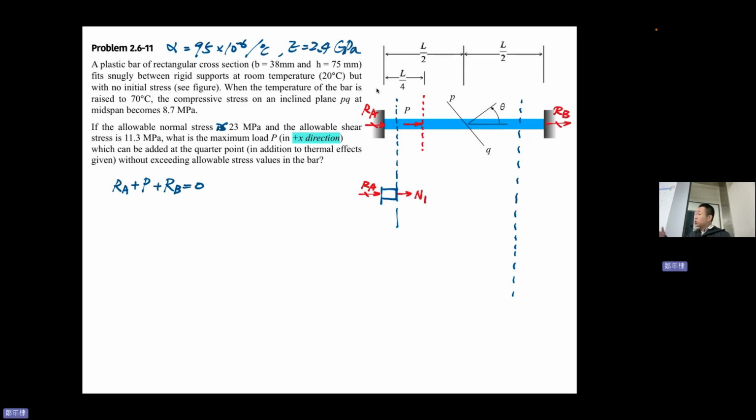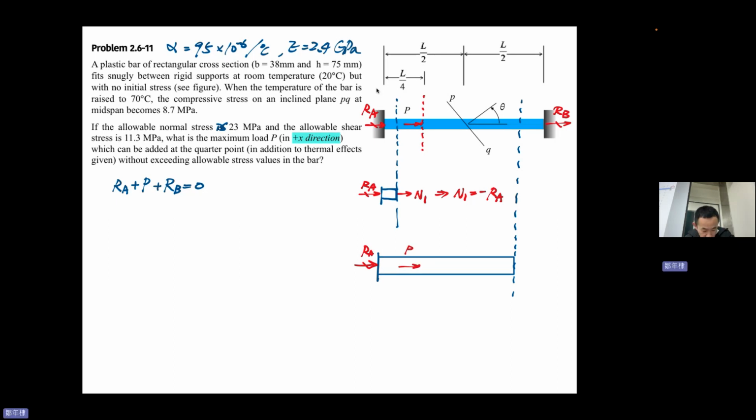For N1 we just assume it is positive, and then N1 equal to minus RA. Get it? And N2 is RA, and don't forget this one with the P.